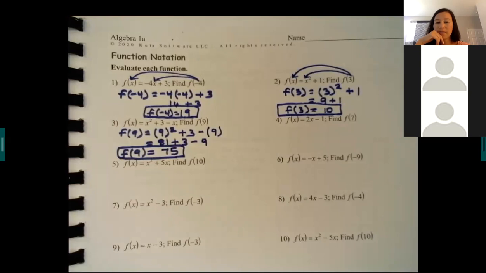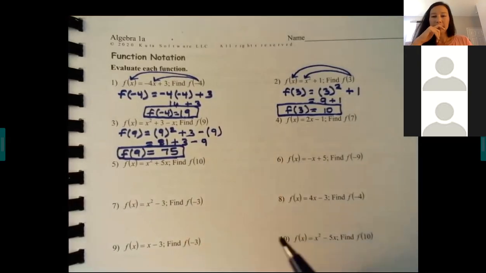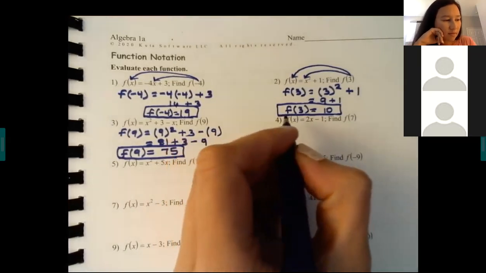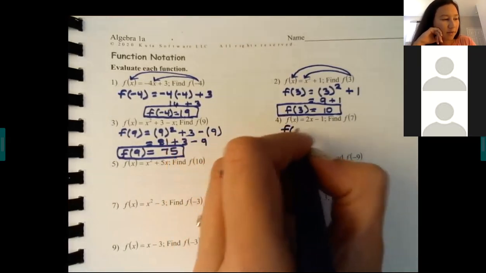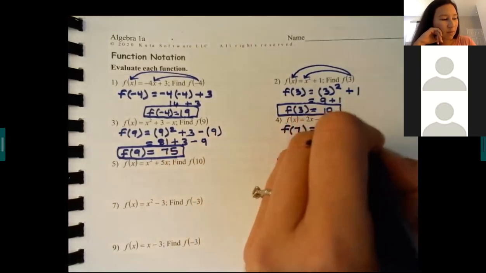Any questions? Okay, Cheyenne, can you help me do number 4 then? Okay, so you're going to replace x's with 7. Very good. Perfect.